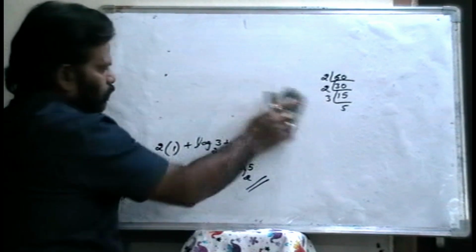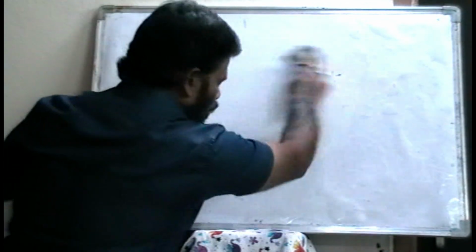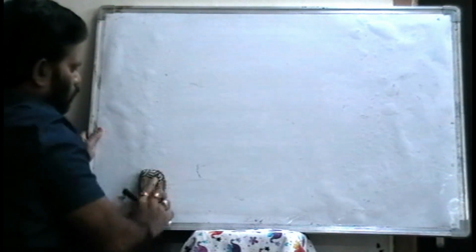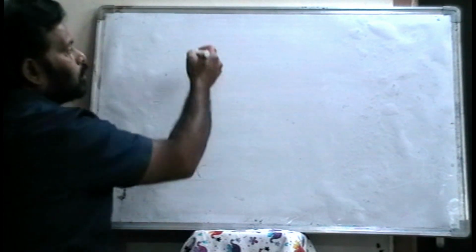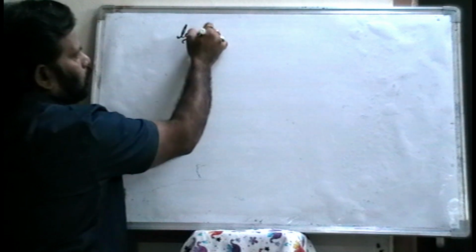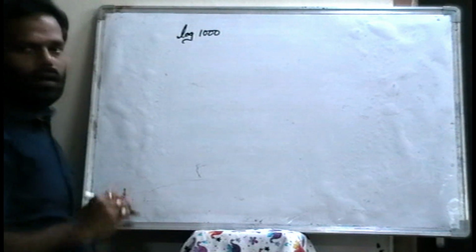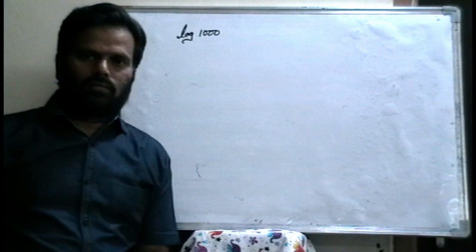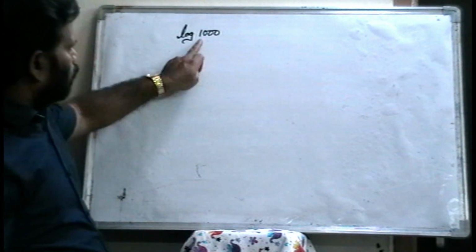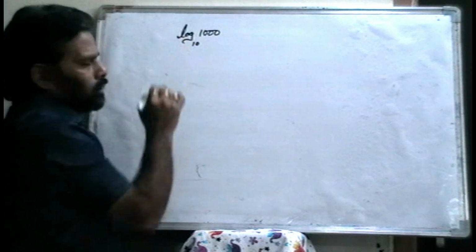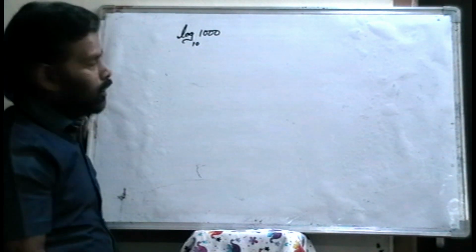Now next, one more example. Simple. Suppose log 1000. Log 1000. Right? Here the base is not given, so if the base is not given we can say that it is base 10. That is the general form.